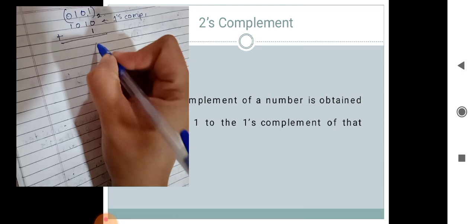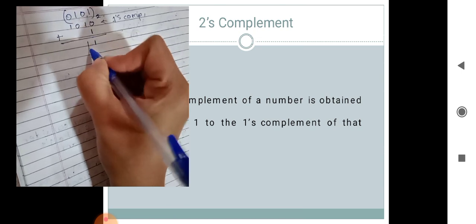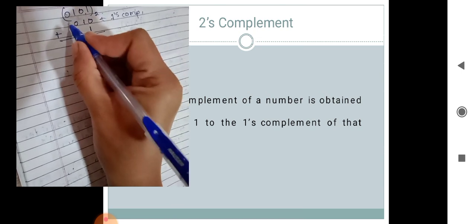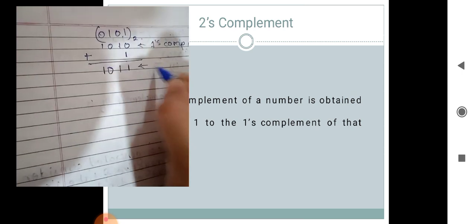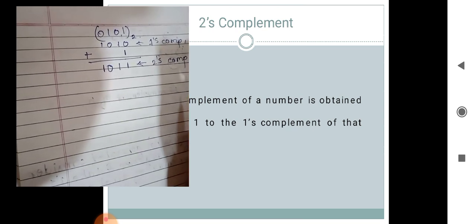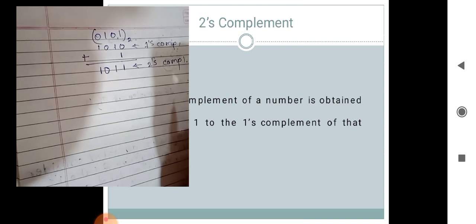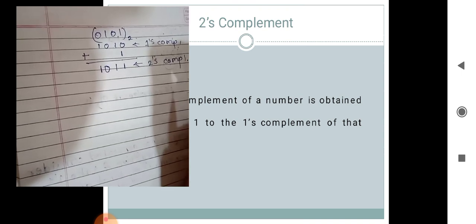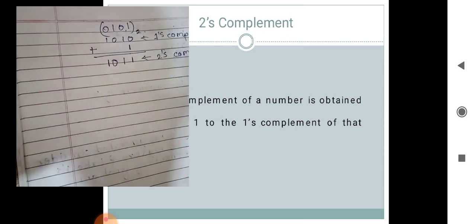So 0 plus 1 is 1, this 1 will come as it is, this 0 will come as it is, this 1 as it is, right? So this is the twos complement of the given number. So finding twos complement means adding 1 to the ones complement. That's it. Now we'll perform the subtraction using twos complement.